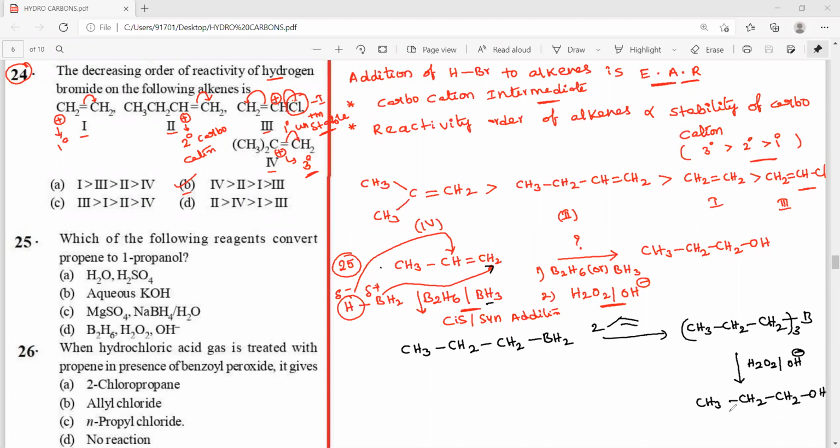This is the correct method for the conversion of prop-1-ene into propan-1-ol.